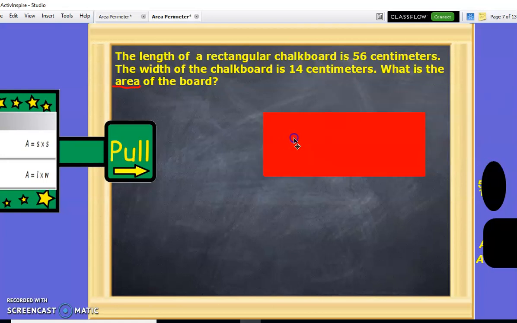First, we're going to draw our geometric figure and label the known information. The length is 56.